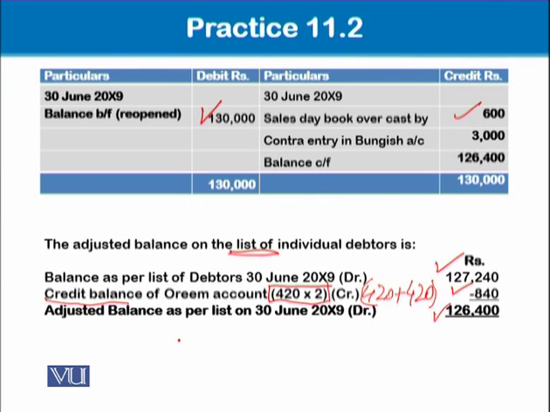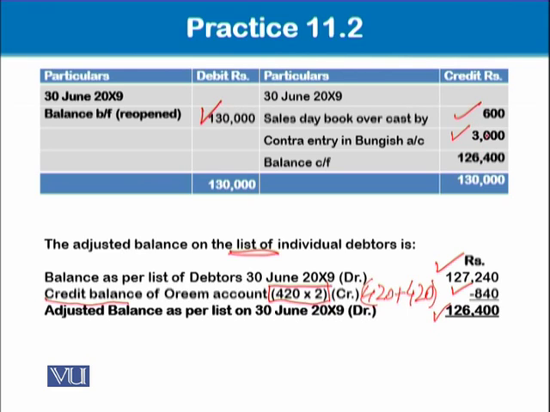In the control account, we know very well it will be credited. The contra entry will always have a reverse effect in the ledger accounts for debtors as well as in the ledger accounts for creditors. Since it is a ledger account for debtors, it will be credited over here.